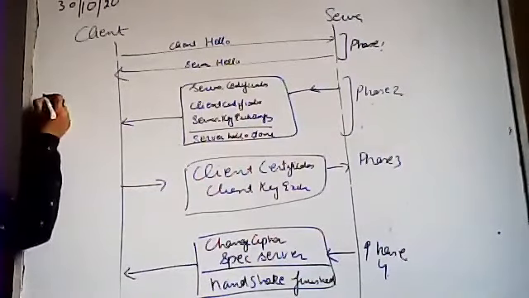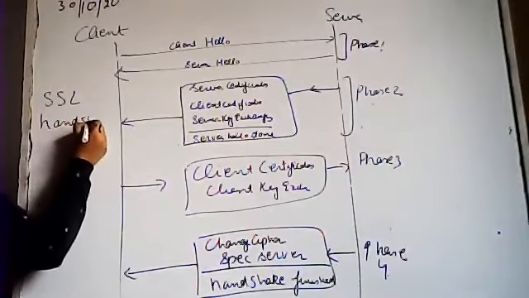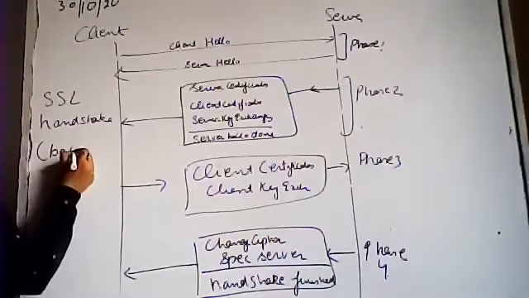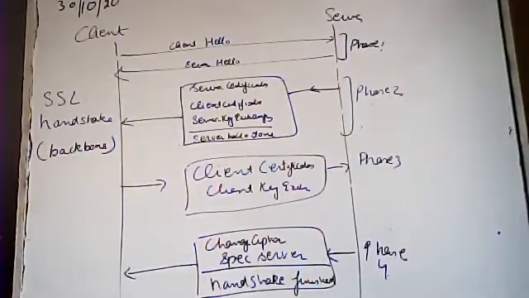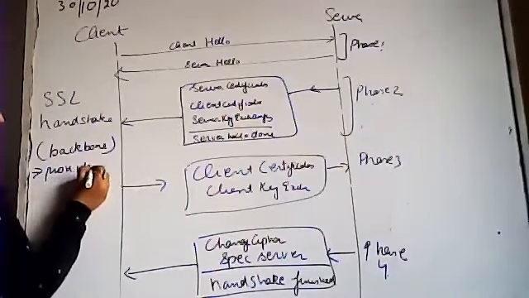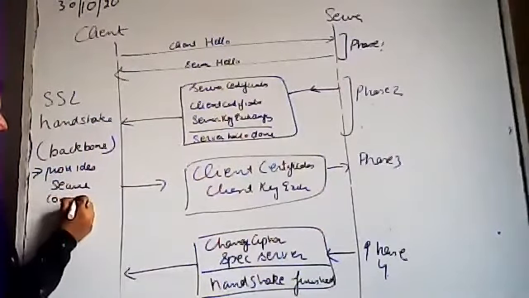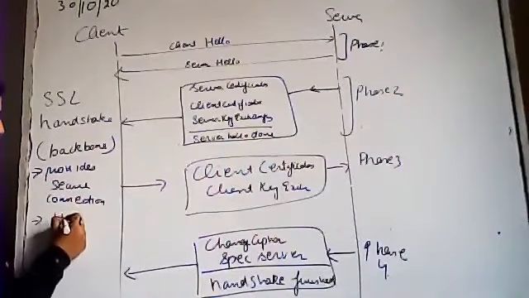So we are discussing the SSL handshake here. This SSL handshake is the backbone of SSL. Remember the term backbone; it is a very important protocol in the SSL case. Why so? Because of two factors. It provides a secure connection, and it provides authentication.